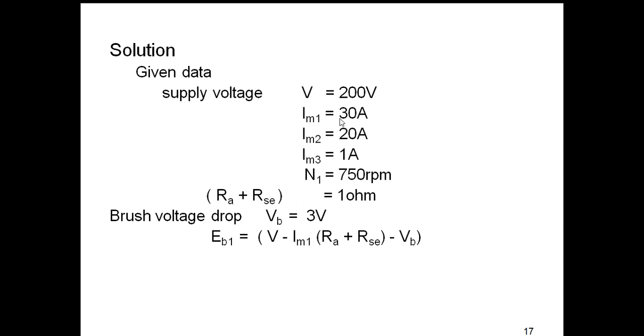Means EB1 is equal to V minus IM1 into RA plus RSC minus VB.